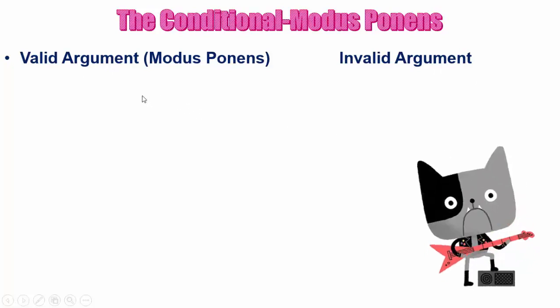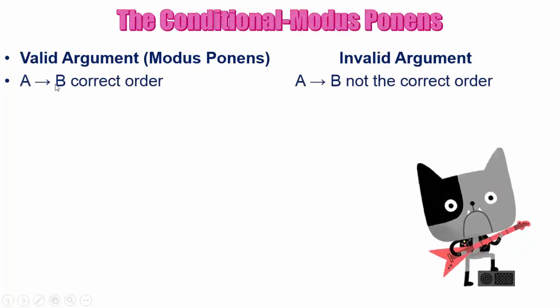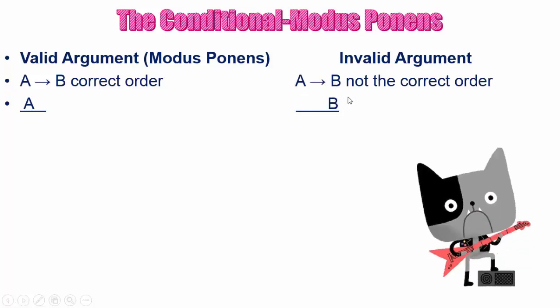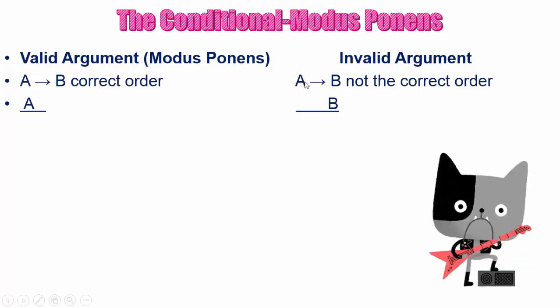So let's look at the valid argument, and we see that A goes to B, A goes to B, and we see A and A, and B and B. This is the one that's not the correct order. So when we go A to B, then B, that's not the correct order, whereas here, A to B, then A, that is the correct order.